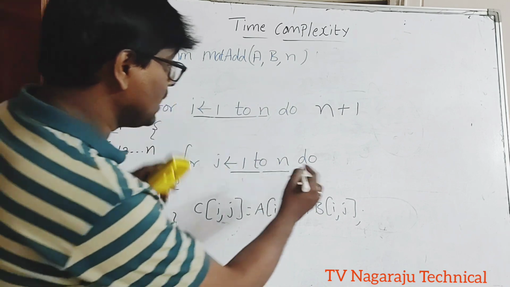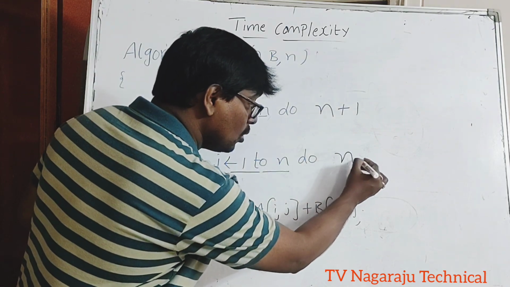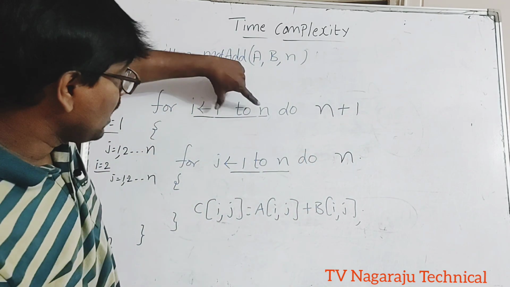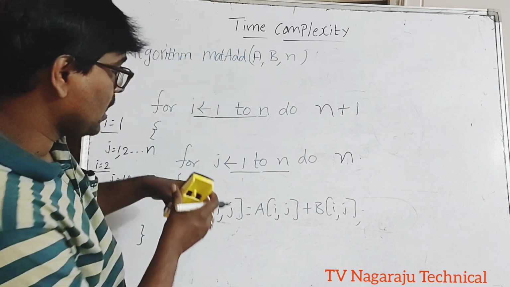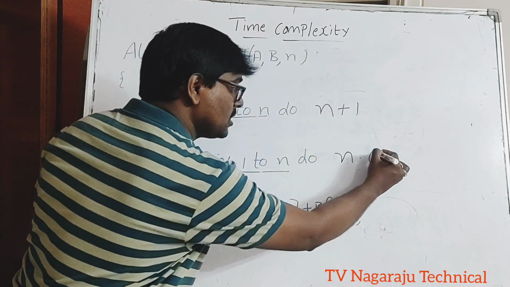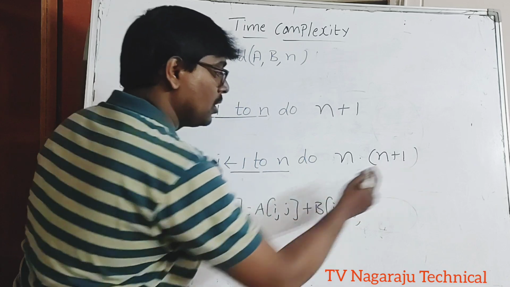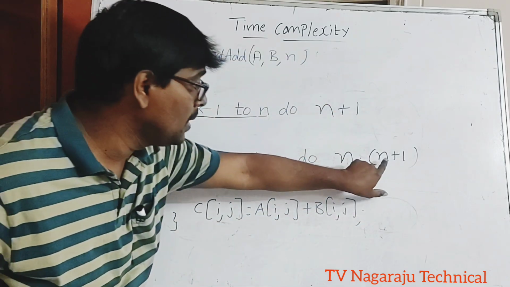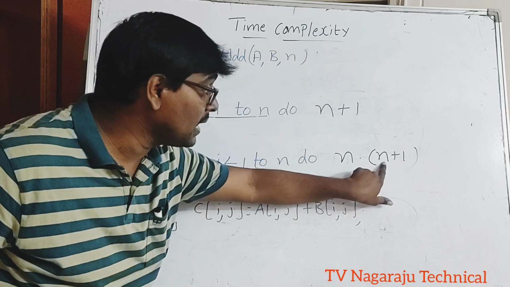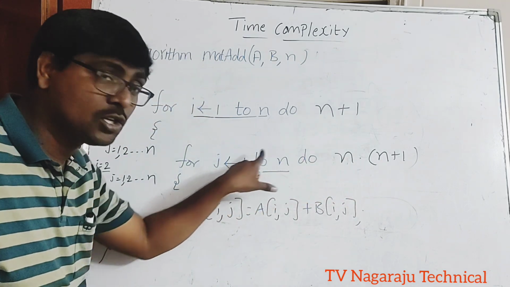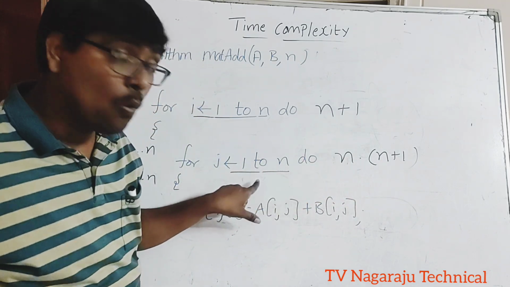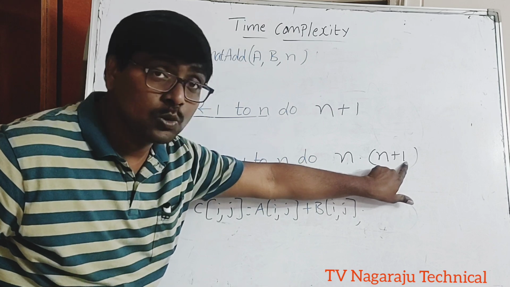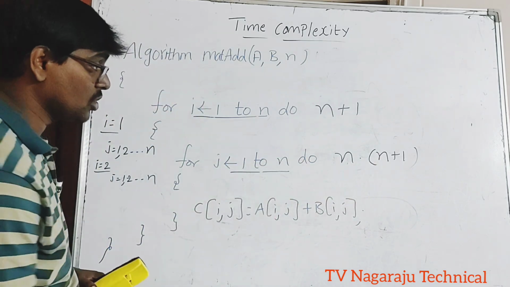That means this loop is executed for all n times. In this it is executed n plus 1. You got it? This n represents the outer for loop. Here in this n plus 1, n represents the true condition from j equal to 1 to n, and this 1 represents the false condition.